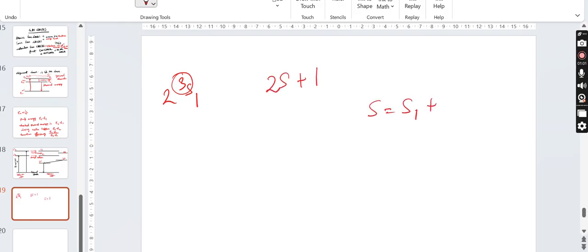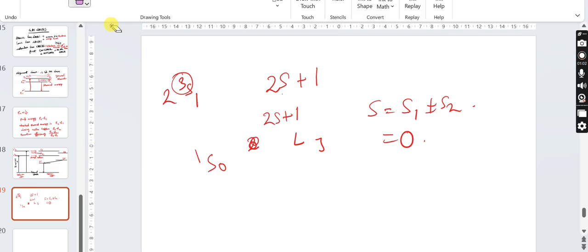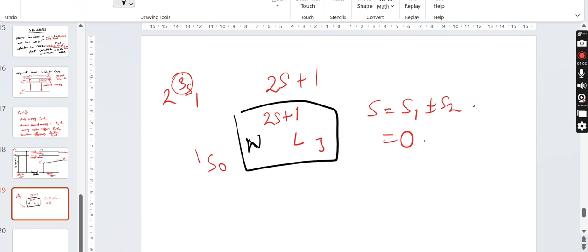S is basically s1 plus minus s2. So that S is basically 0. Here is 1, but when it is 0, so this is the small s actually. So it has been written like this, and this is the principal quantum number. So it's actually n. So this is a spectroscopic term basically.